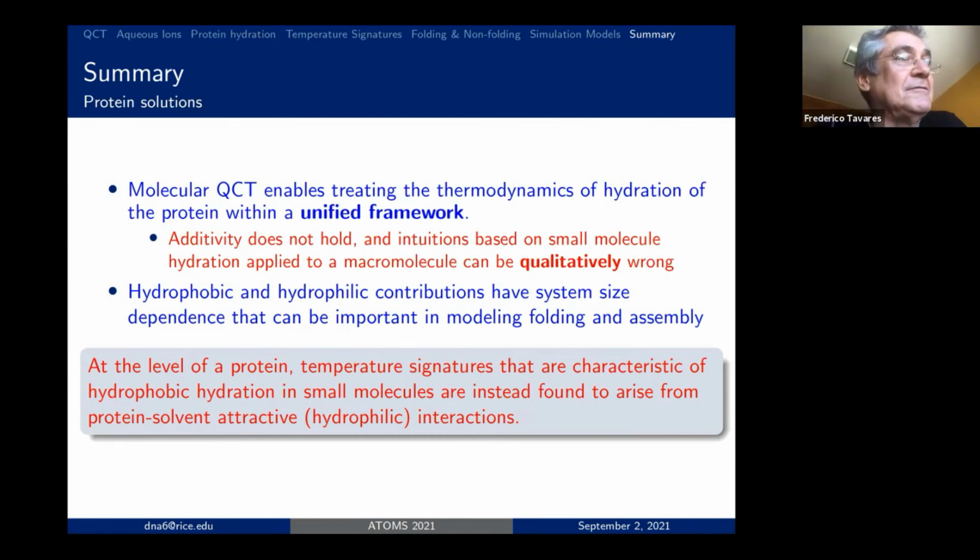Thank you for the very nice presentation. I enjoyed it a lot. Let me ask you, I'm just puzzled. Is it not expected that for large molecules in water, this cavity free energy decreases with temperature?